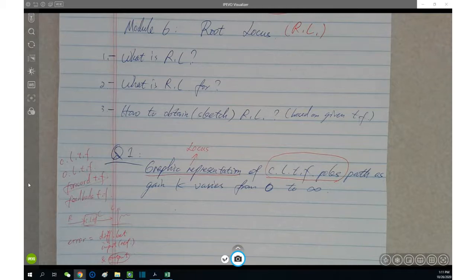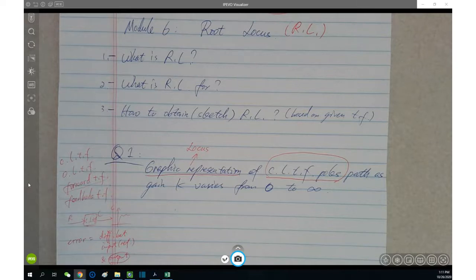Therefore, if you place them into a graph, what do you see? A bunch of dots. Does it make sense? Rather than paths. It won't be a locus. Even for your transfer function, you place all of the poles, no matter how many, into a graph. What do you see? A bunch of dots, nothing more, right?